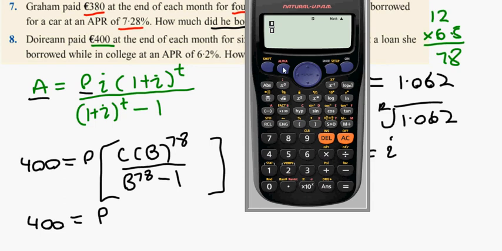So it's going to be alpha C bracket B to the power 78, then B to the power 78 minus 1, and then what we get here is 0.01553.